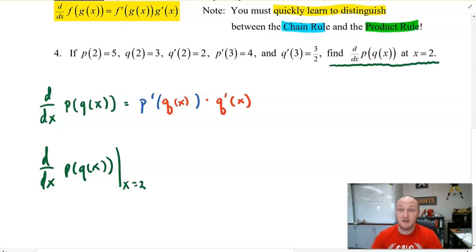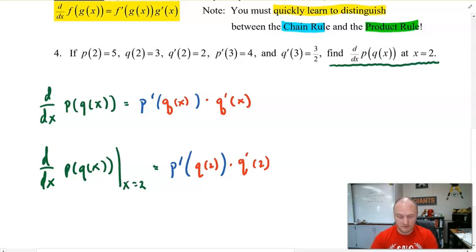And that's what that line means, evaluated at x equals 2. So all I have to do is drop in 2 for all this. So p prime of q of 2. Wherever there's an x, we just drop in 2. Very, very simple.